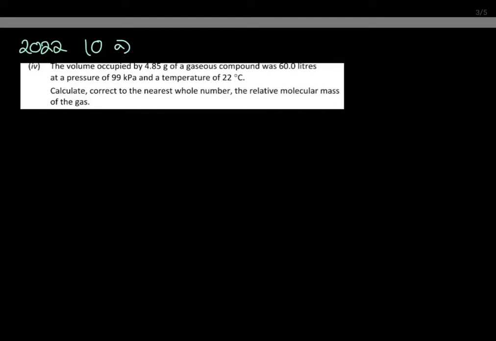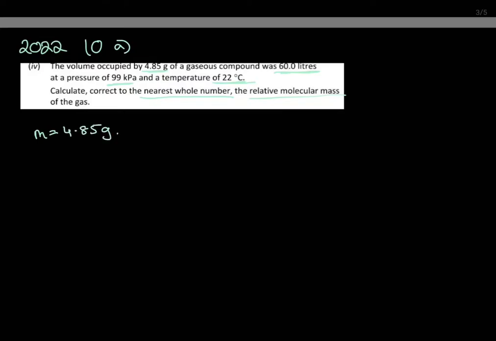When you're doing these, you have to underline the important sections, and to the nearest whole number, the relative molecular mass. We've already done this type of question, so you should have been able to bring it down to about 80% at least. If you want, you can look through my solution, go back and try and finish it off yourself again. So we're going to write out everything.